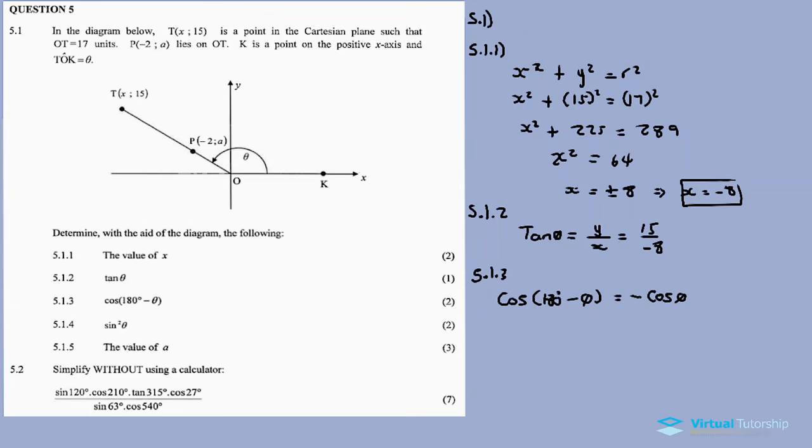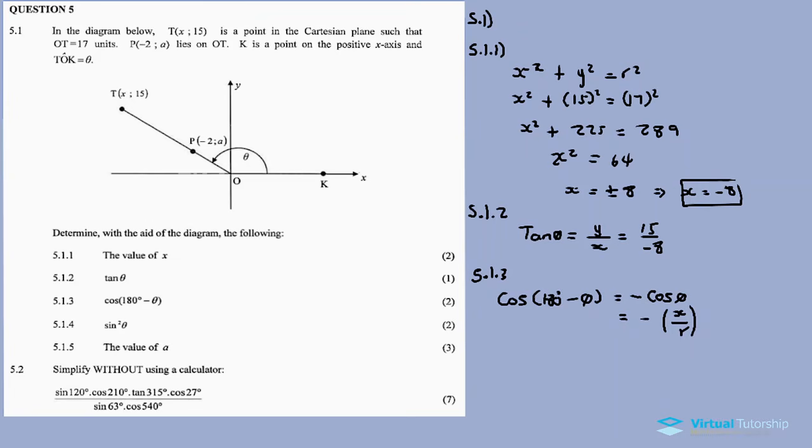After solving the reduction formula, we say cos theta is what? Adjacent over hypotenuse, which is x over r. Don't forget the negative, so it's negative x over r.